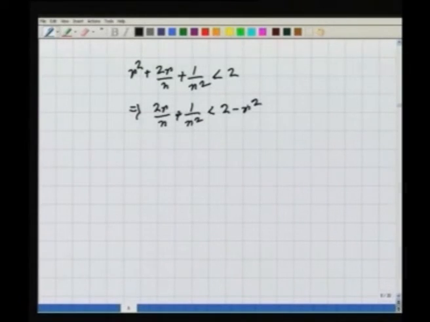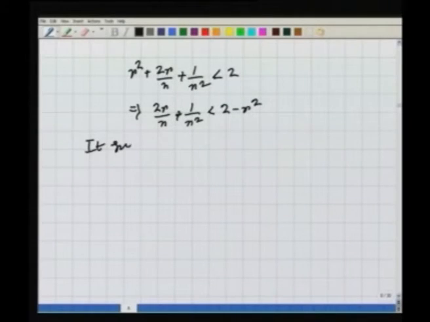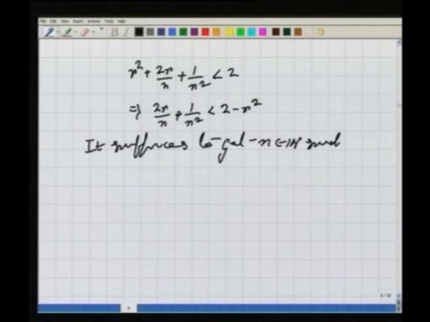And this right hand side, 2 minus R square, is anyway positive, because I assume that R square is strictly less than 2. Well, now if I want to find some such n, I say that it suffices to get a natural number n such that twice R by N plus 1 by N is strictly less than 2 minus R square.